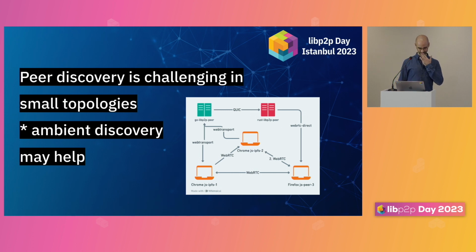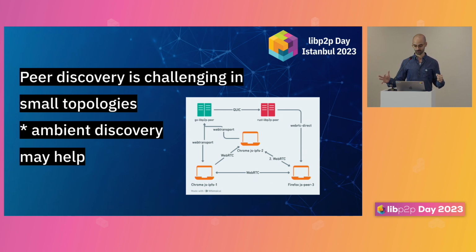Now, the problem is that we don't actually have a protocol for ambient peer discovery. We have Kademlia. Kademlia is really useful if you have a bigger network, but if you have a smaller network topology that is mostly centered around browser nodes, they don't really make for great Kademlia peers because they're very short-lived.